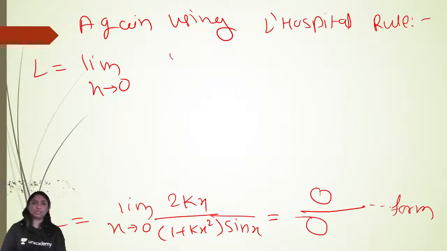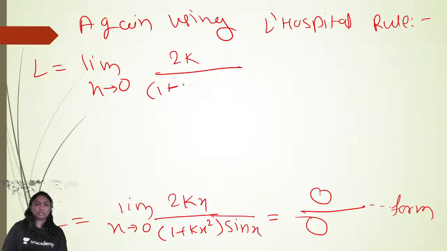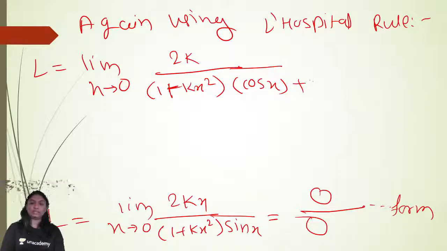So the derivative of 2kx with respect to x is 2k, upon here first into derivative of second plus second into derivative of first. So that is 2kx into sin x.